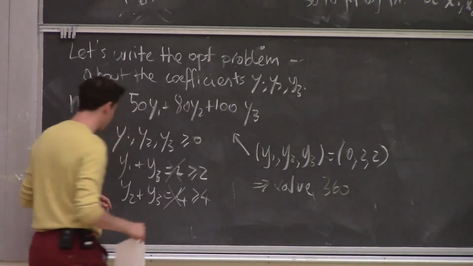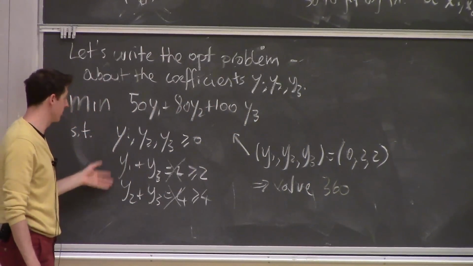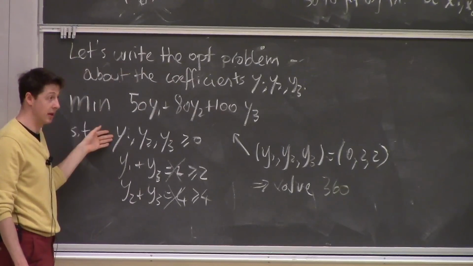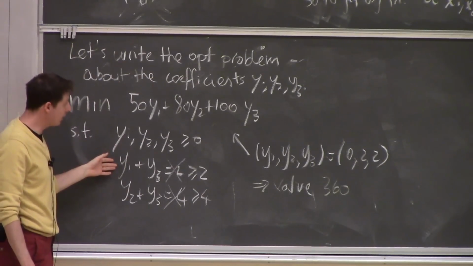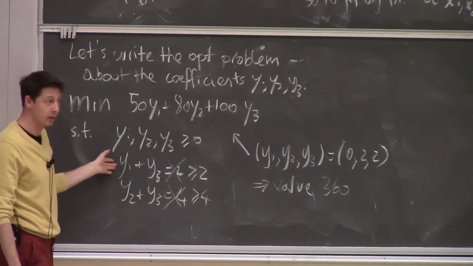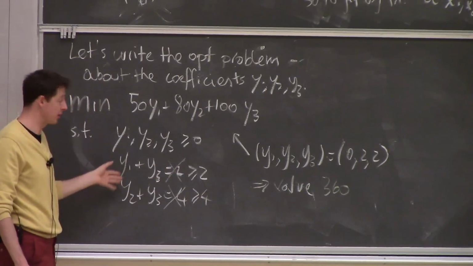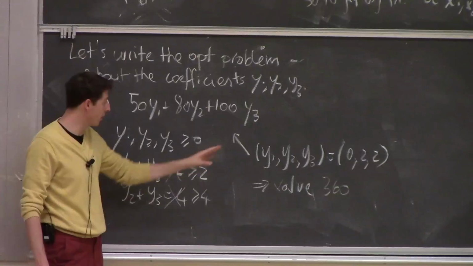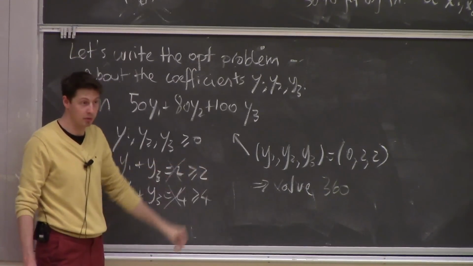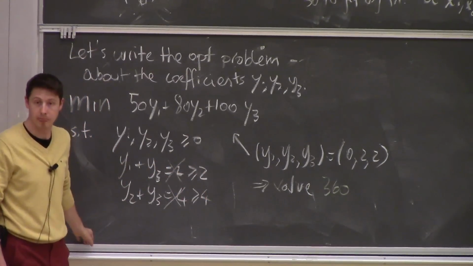And also, we should verify that it satisfies the constraints. All the y's are non-negative. y1 plus y3 is 2, which is at least 2. And y2 plus y3 is 4, which is at least 4. So it is a feasible solution. In fact, it's also optimal.